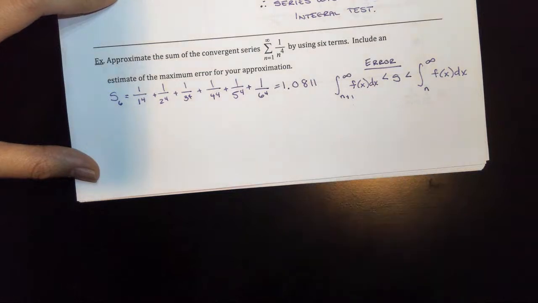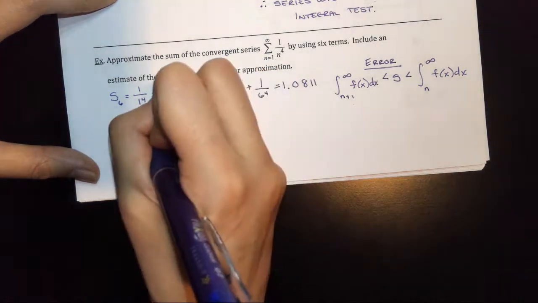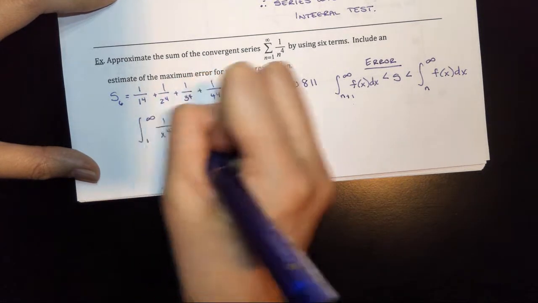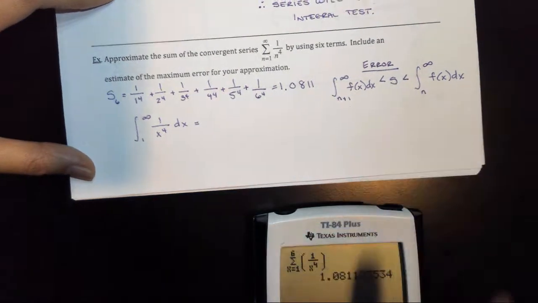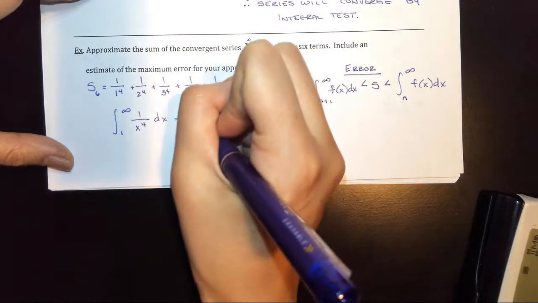And if you calculate that, you're going to get the number 1.0811. All right, well, the error in my approximation is going to be less than the integral from 1 to infinity of 1 over x to the fourth. We've already discussed that by this right here. I don't think I can actually do it in my calculator, so let's just integrate it.